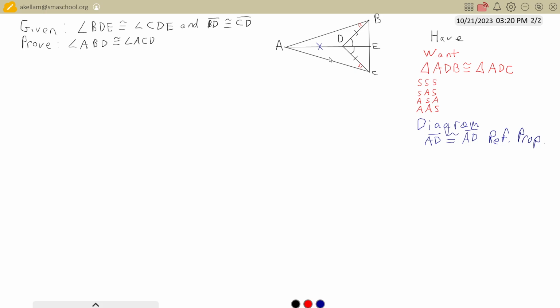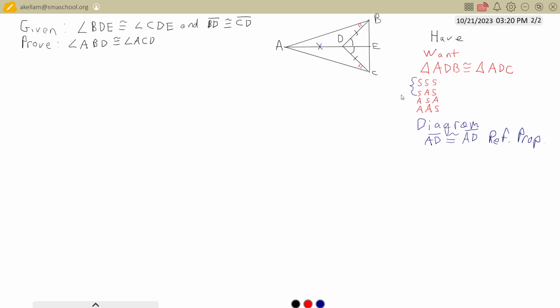So these 2 triangles, ADB and ADC, share already two sides. So this makes me think that I would want to try to use one of these two up here: side, side, side, or side, angle, side.